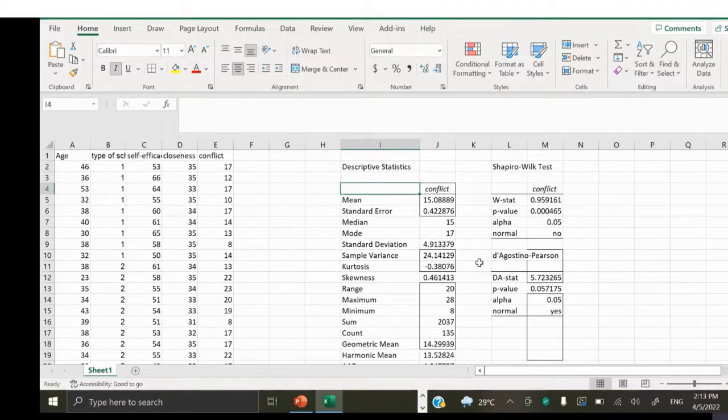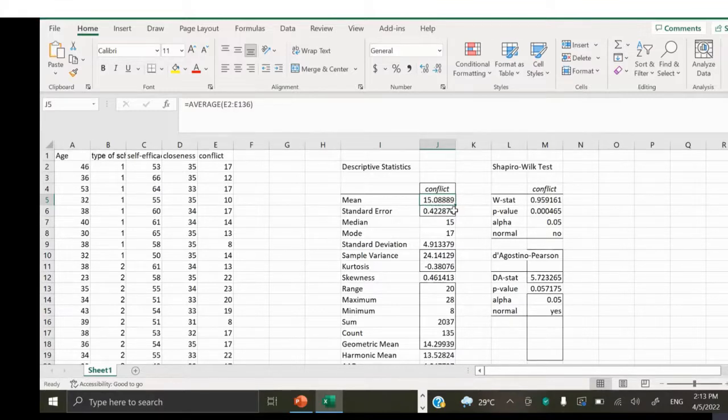Okay, so you have here the mean. So the mean for conflict of the 135 respondents is 15.0889. Okay, so when you report your data, you report it to two decimal places.